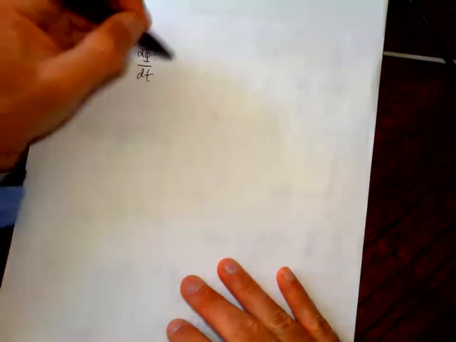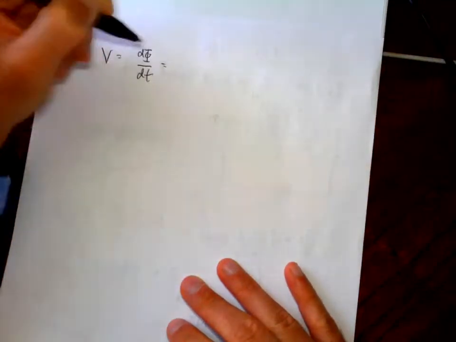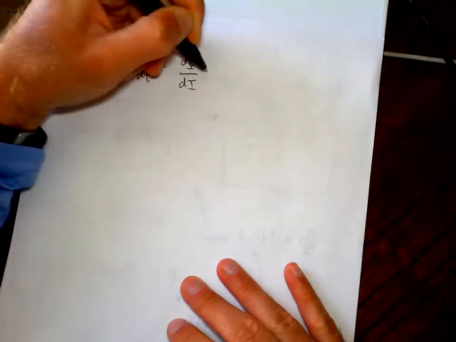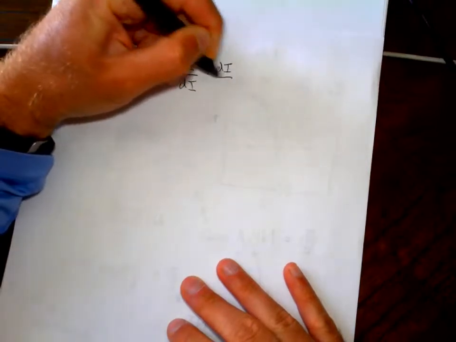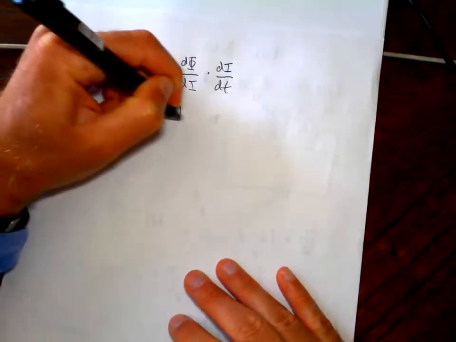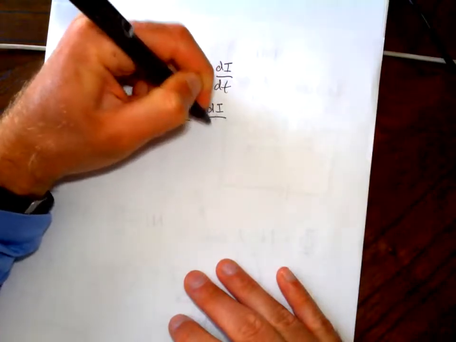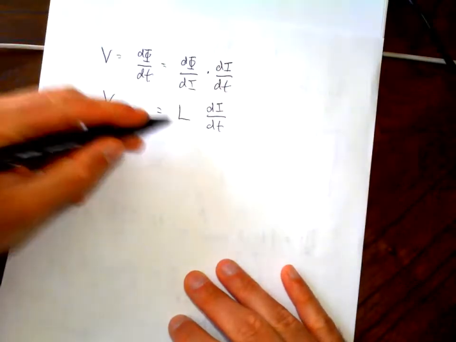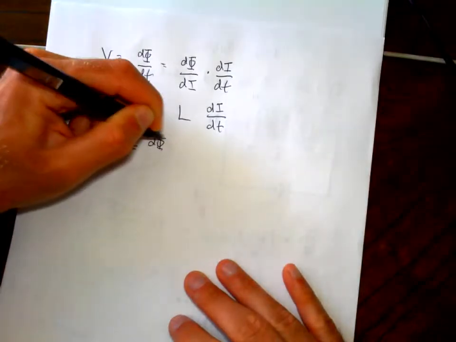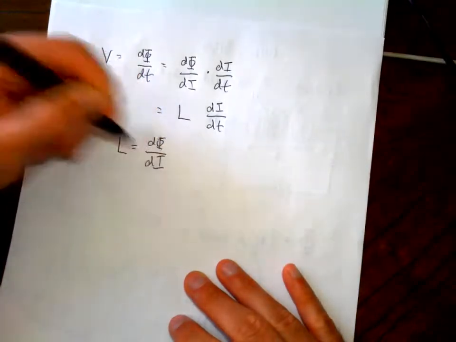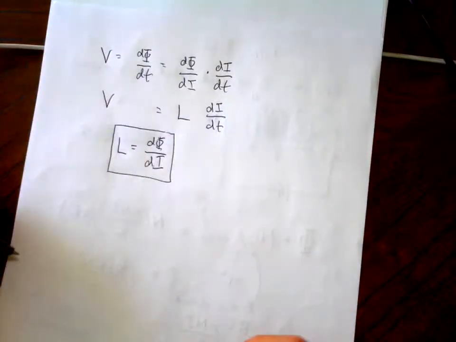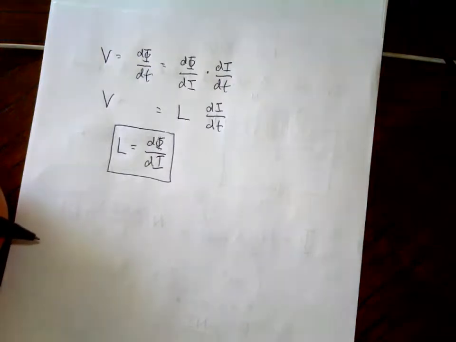We could use the chain rule to write this as d flux d current times d current dt. So if we compare that with V equals L di dt, you can see that the inductance is actually equal to the rate of change of the flux with respect to the current.